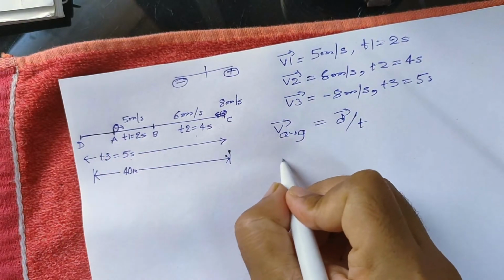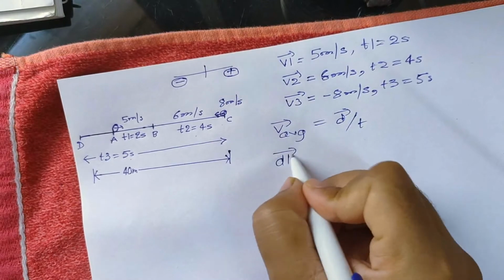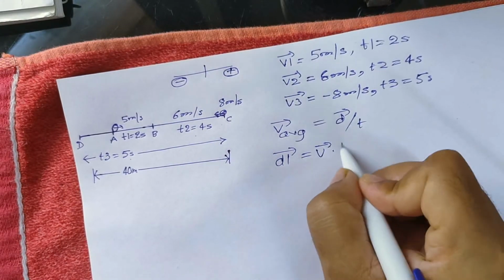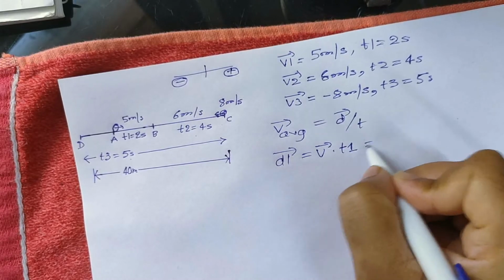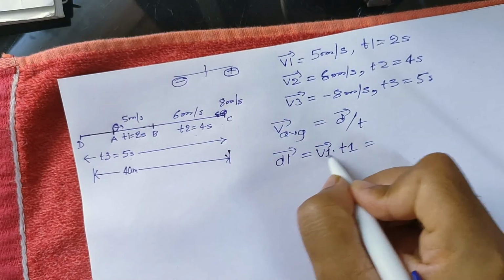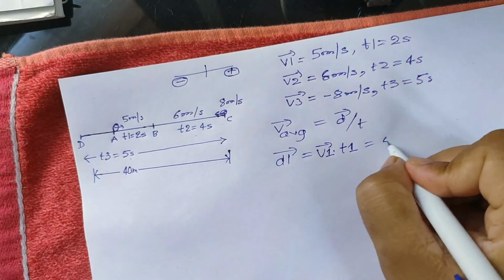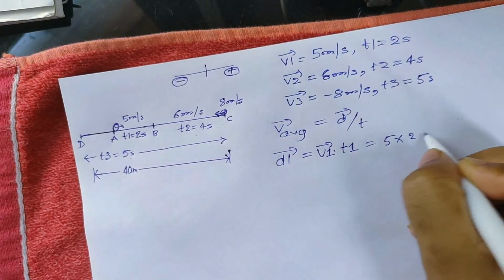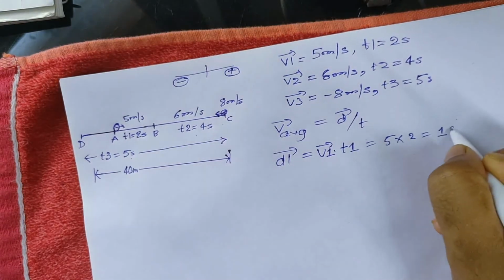So let us calculate d1. d1 is v1 into t1. What is v1? v1 is plus 5 meter per second into 2, so it will come out to be plus 10 meter.